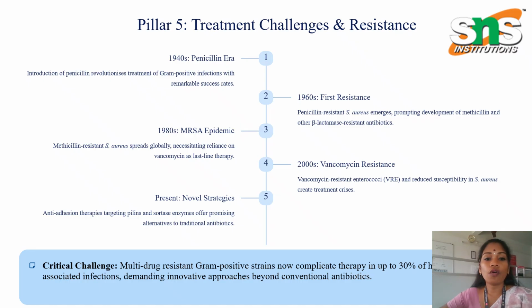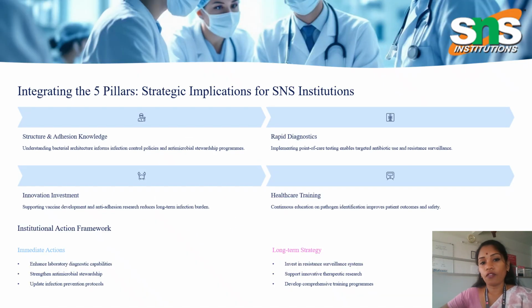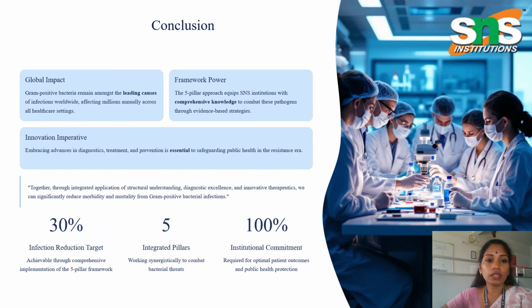Now we have to follow many therapies and strategies to kill the bacteria in these critical challenges. After that, integrated with the five pillars, it is a strategic implementation of the SNS institution: structure and adhesion, patient care and rapid diagnosis, innovation and investment, and healthcare treatment. These are all the treatments we have to follow in these cases.